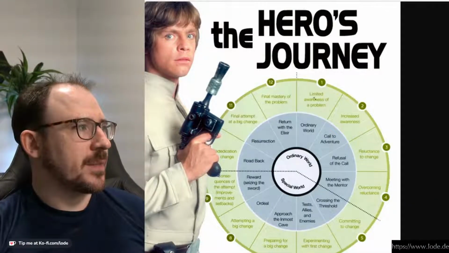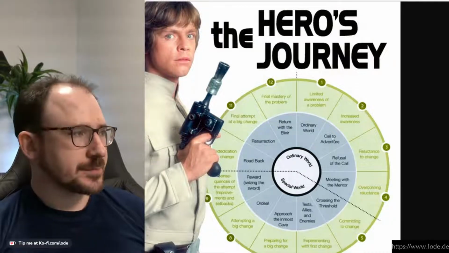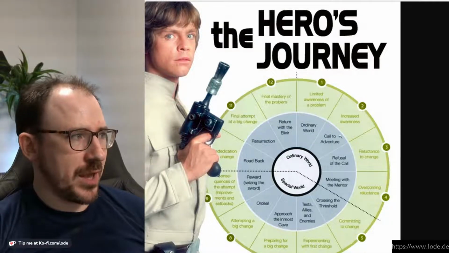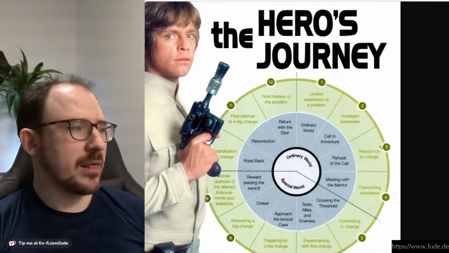More frequent are stories where you really start out with the character, where he or she is introduced in their daily life. Then something happens, just like here in the hero's journey. So, ordinary world: we see Luke Skywalker working. We see a call to adventure: he finds a robot. Refusal of the call: he's reluctant to do anything about it.